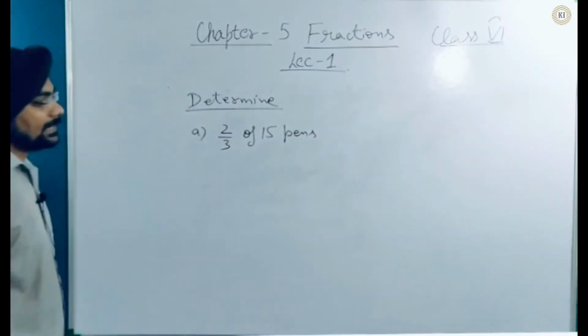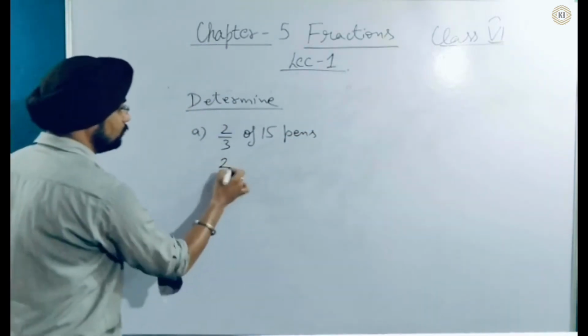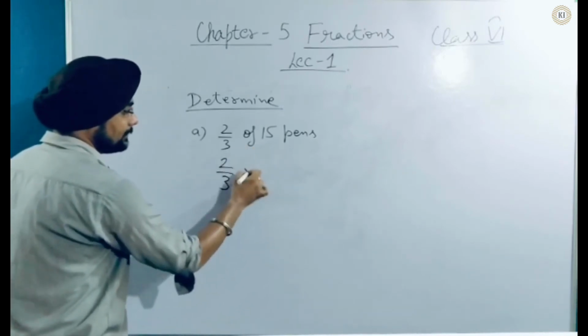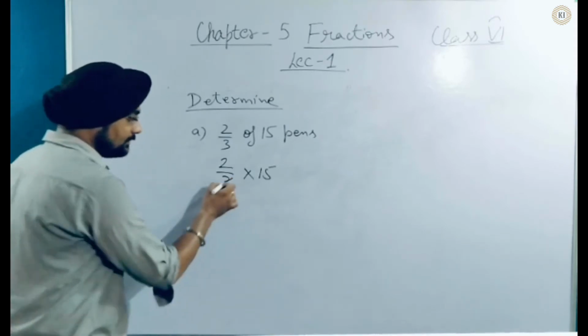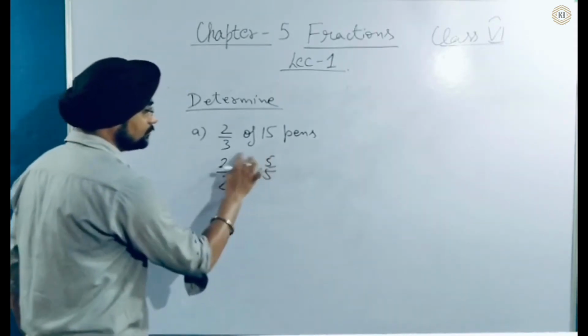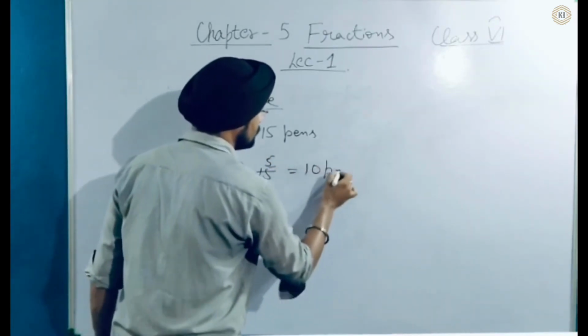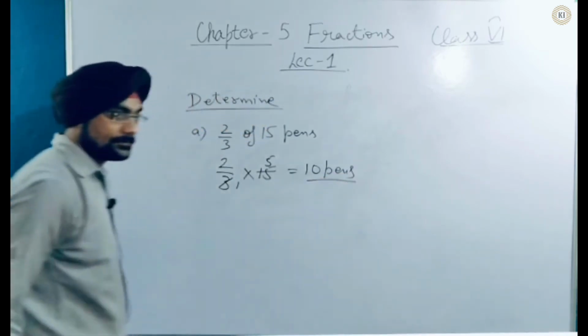So you have to calculate this value. 2 by 3 of means multiply by 15. Now the value will be cancelled here. 3 ones are 3 and 3 fives are 15. So 2 fives are 10. So the answer will be 10 pence.